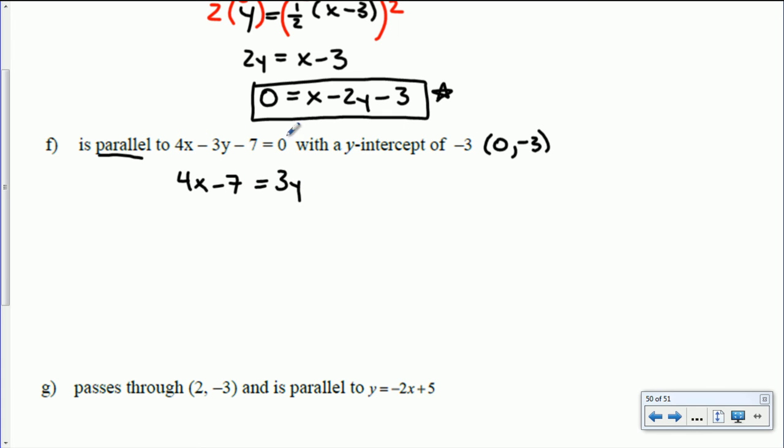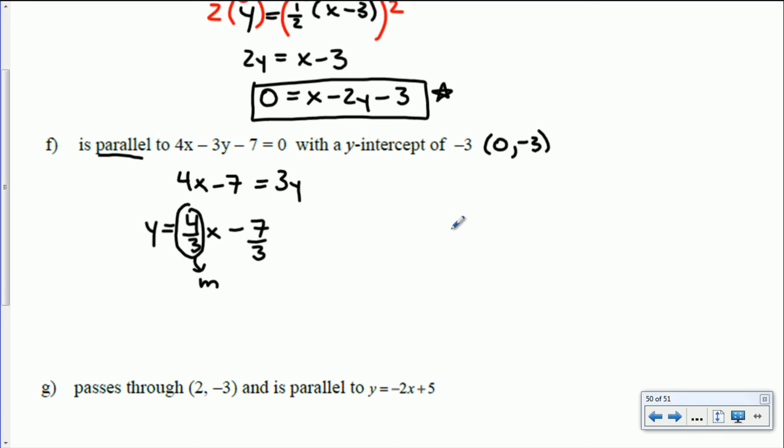I add 3y to both sides, and then divide both sides by 3. So I would get 4/3 x, and it really doesn't matter what the rest of it is because I already have the slope, but just for posterity, subtract 7/3.